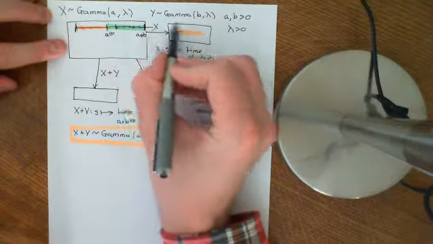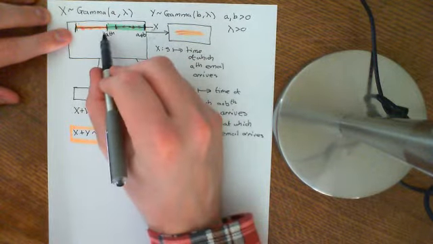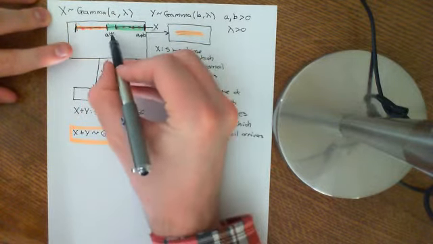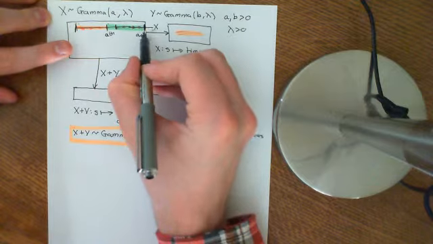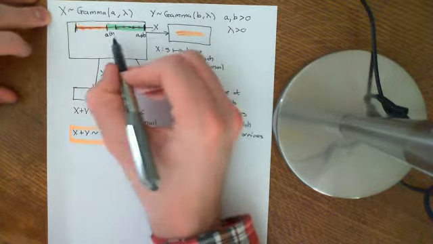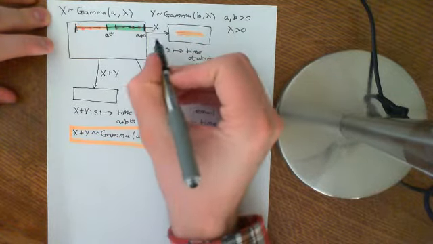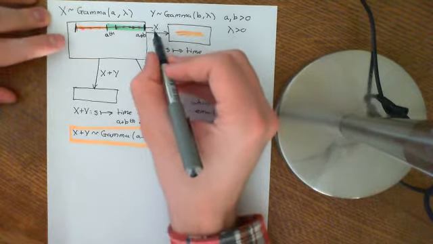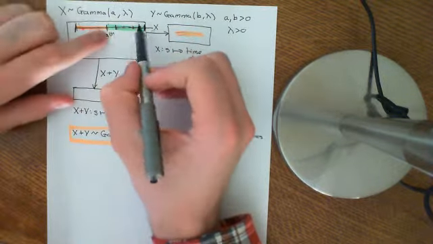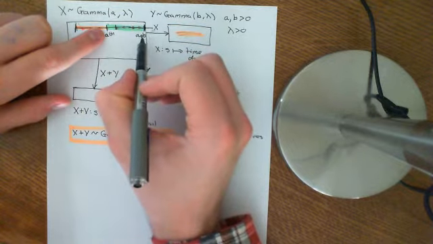In this intuitive case here, where X represented the time at which the A-th female arrived, and Y represented the time after the A-th female arriving at which the (A plus B)-th female arrived, so the amount of time between the A plus B female arriving and the A female arriving, those were obviously independent, because the amount of time between 0 and the A female does not affect how much time you're going to have to wait from the A female onwards to get B more females, basically.